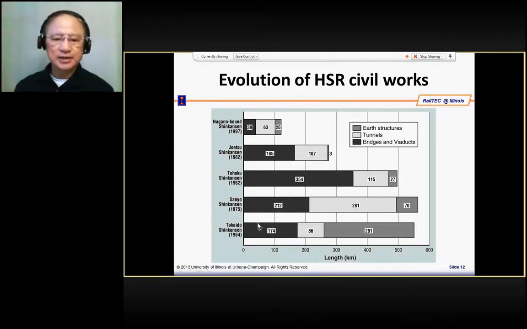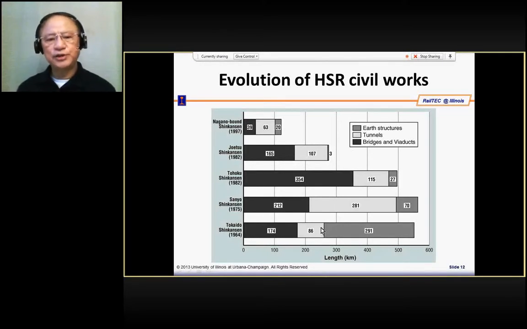Let's look at this Shinkansen line. What we can see is that the majority part, 291 kilometers of it, is constructed with earth structure, so the track is sitting on earth structure, and 174 are sitting on bridge and viaduct.